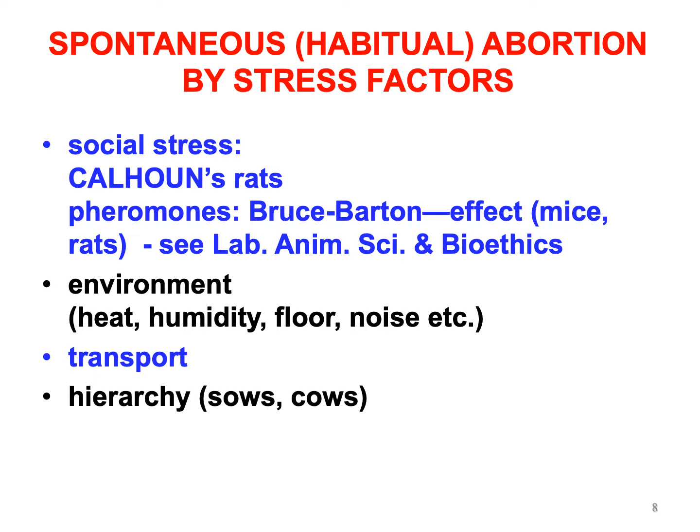Calhoun used rats to modelize the social stress, and by overpopulation, the rate of the abortion and the drop of the parental maternal care was significant.